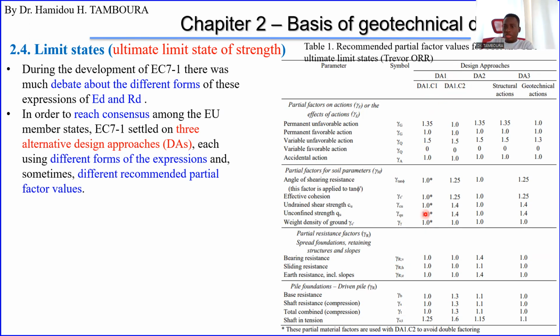And for each of them, the values of these partial factors are given here.